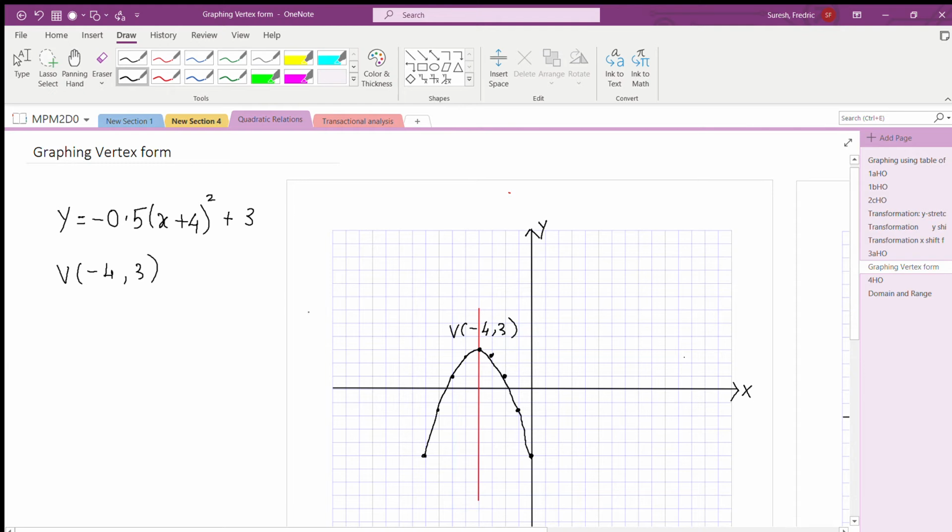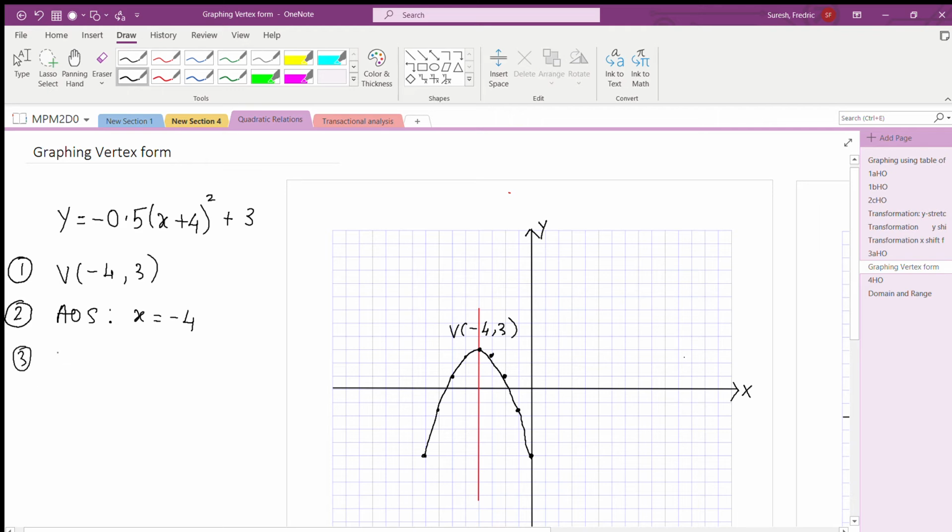Okay, so what further information can we get from here? As the first piece of information, the vertex is (-4, 3). The second piece of information is the axis of symmetry, that is x equals negative 4. The third is the maximum or minimum value, also called the optimum value.